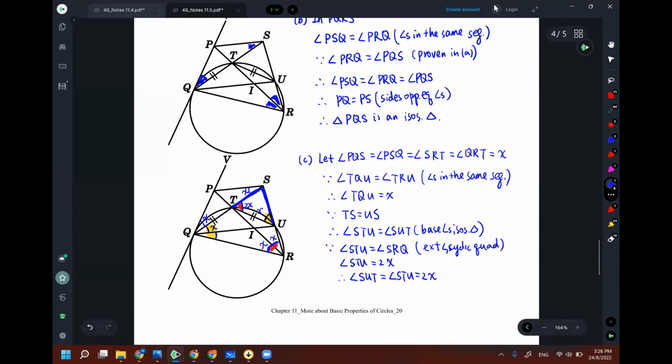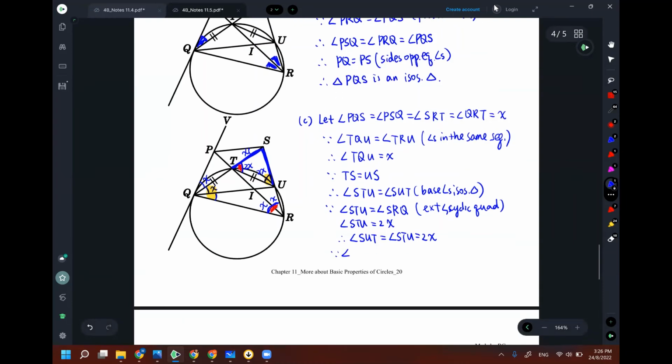This is also 2x. And we know this one and this one are equal. And since angle SUT equals angle SQR, exterior angle, cyclic, then angle SQR is also equal to 2x. So if this is 2x and this is x, that means this one is x. Therefore, angle UQR is also x.